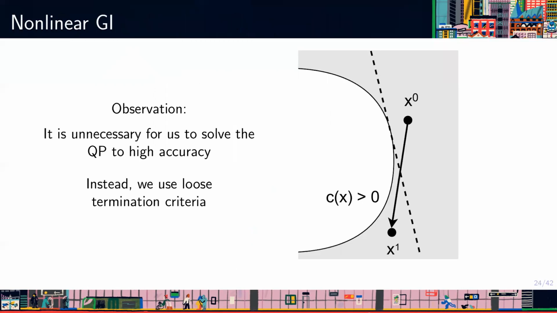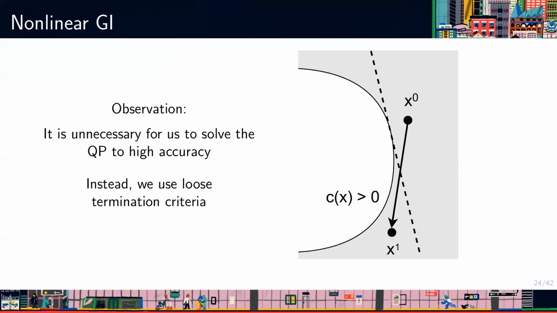But an interesting observation is that for our purposes, it is not useful to solve this QP to a high accuracy. This is because the linearization is just an approximation, illustrated by the figure on the right. The feasible region is represented by the white space, and the linearization is the dashed line. After a solve from x0 to x1, the linearization is satisfied, but the original nonlinear constraint is not.